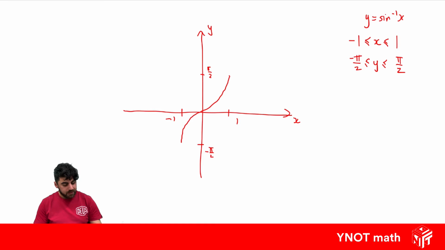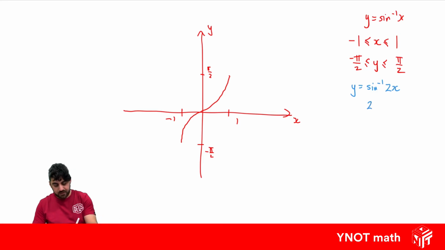But what happens when the function itself is varied a little bit? Let's have a look at y equals inverse sine of 2x. What does having a 2 there do? Having a 2 there affects the domain because it's related to x. So we can sub that into our domain and see what happens.